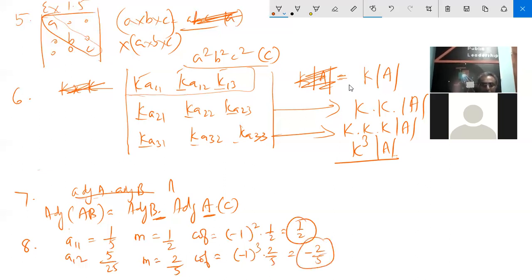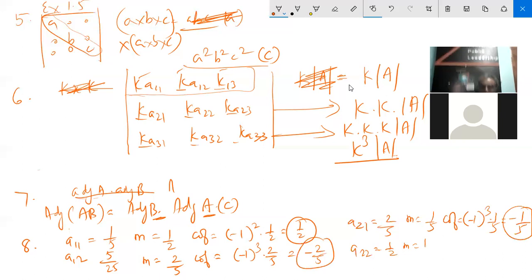Then A of 2, 1 is equal to 2 by 5. Minor is equal to 1 by 5. 5 by 25 is 1 by 5. So cofactor is equal to minus 1 cubed into 1 by 5, that is equal to minus 1 by 5. Then A of 2, 2 is equal to half. Minor equal to 1/5. Cofactor is equal to minus 1 to the power of 4 into 1/5, that is equal to 1/5.